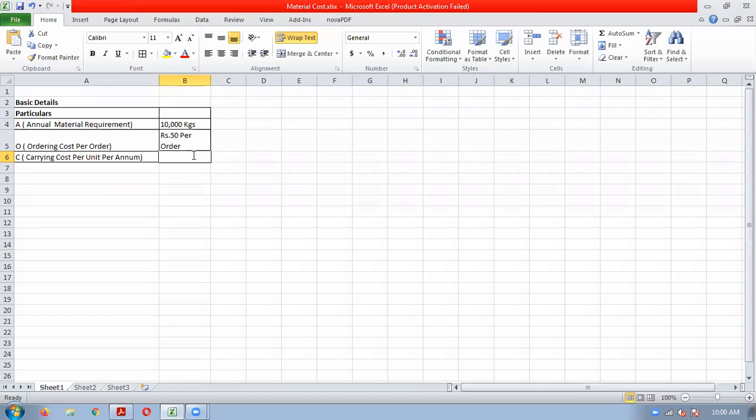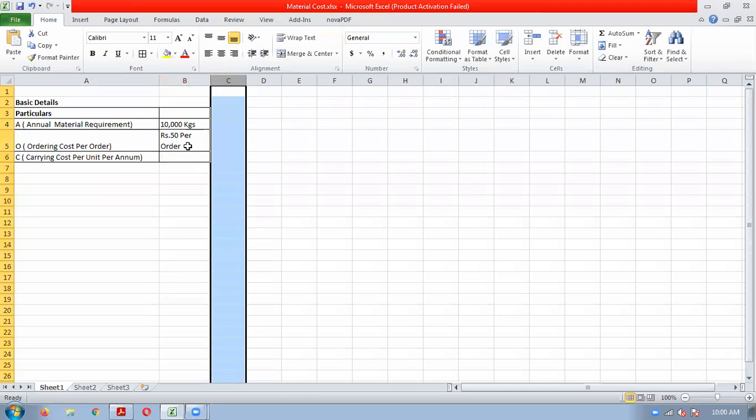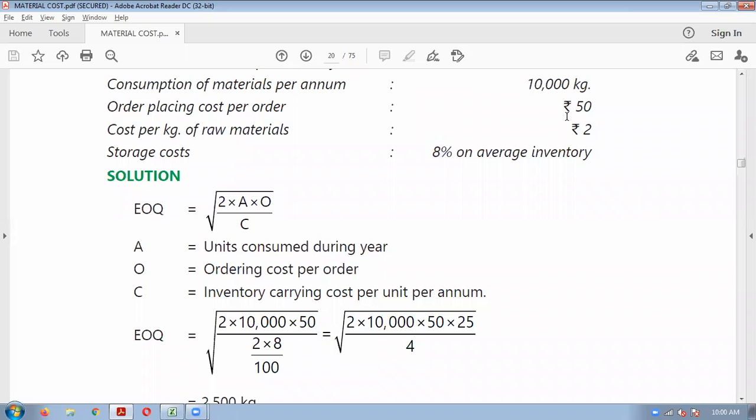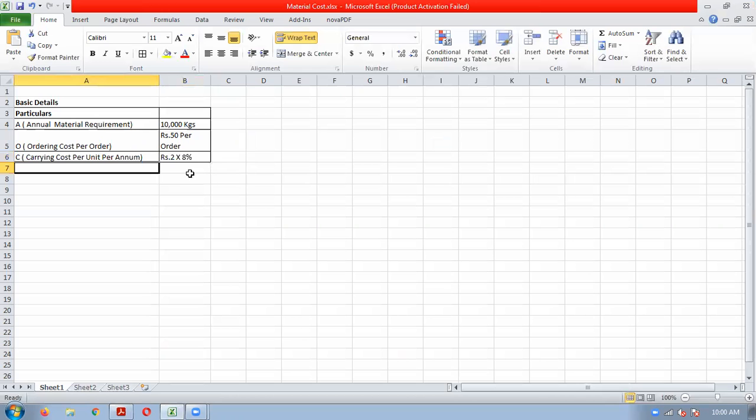So carrying cost will be rupees 2 into 8%. Okay, so per unit per annum carrying cost per unit. Your purchase cost is 2 per unit and percentage is 8% storage cost.